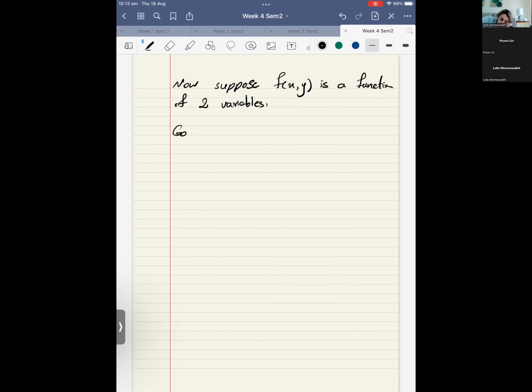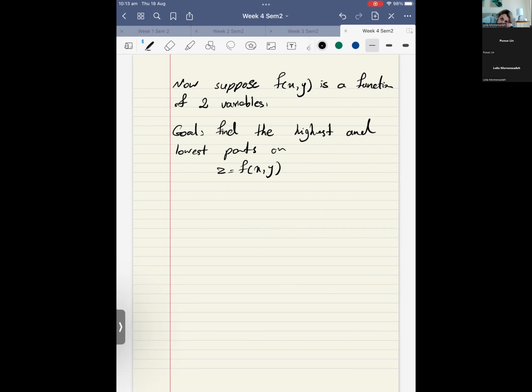The goal of this topic is to find the highest and lowest point on z equals f(x, y).